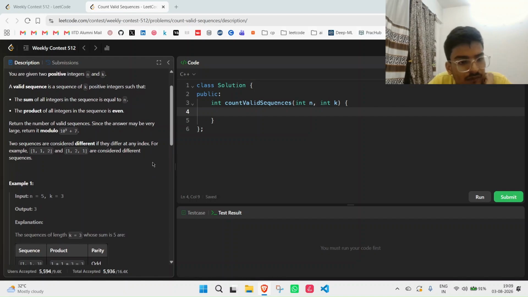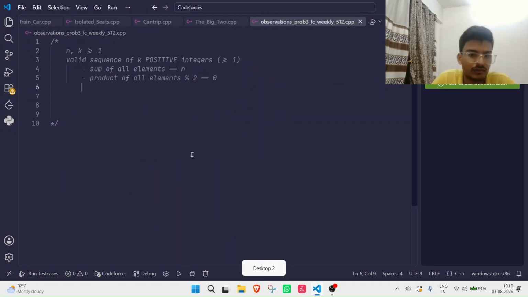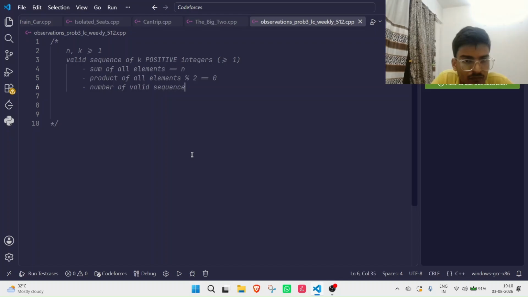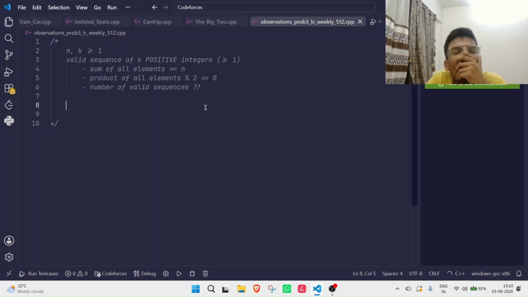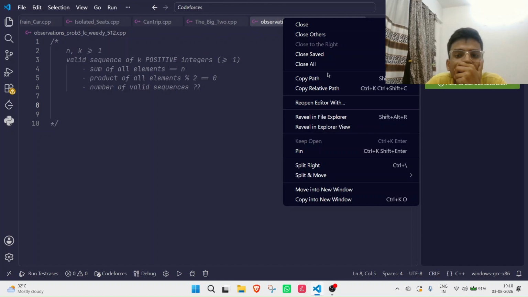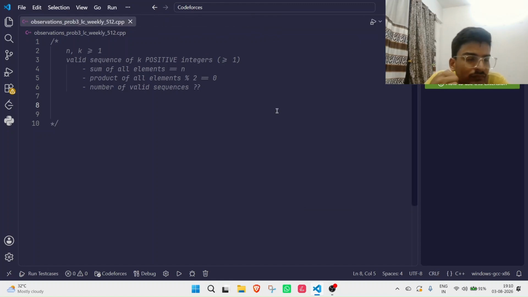Okay, the number of valid sequences is what we have to find out. A valid sequence of k positive integers: the sum has to be n and the product has to be even.